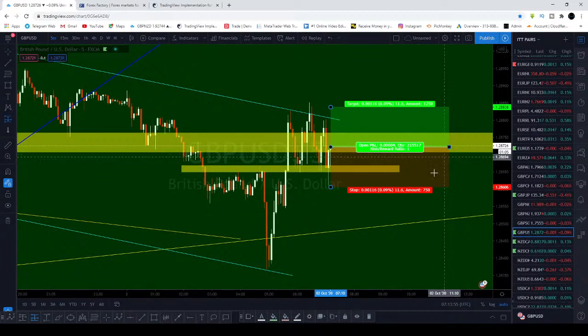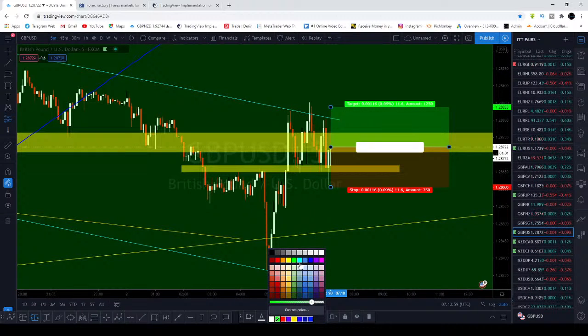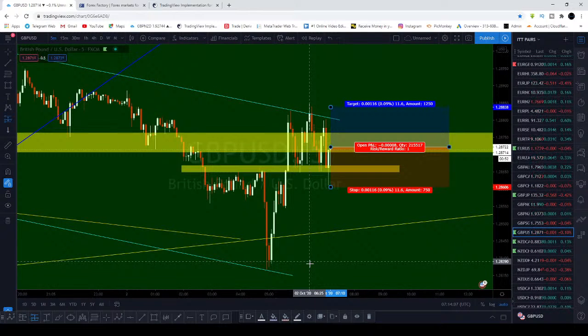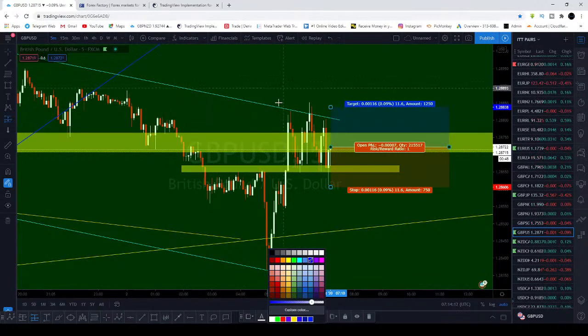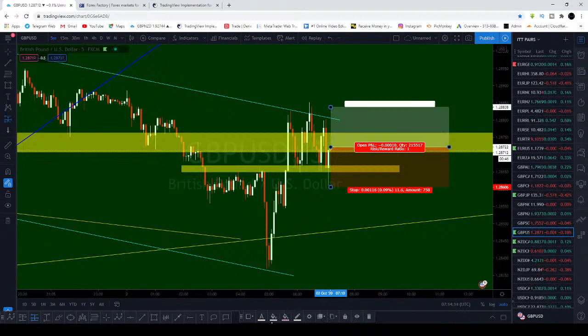So if you want to get in for the buy now, come on. What are you waiting for? I'm trying to change this. Let me try to change this to another color. I don't want to delete my previous analysis. That's why you guys see me. Okay, I think white will be okay.